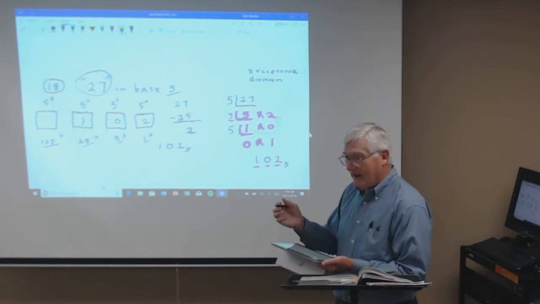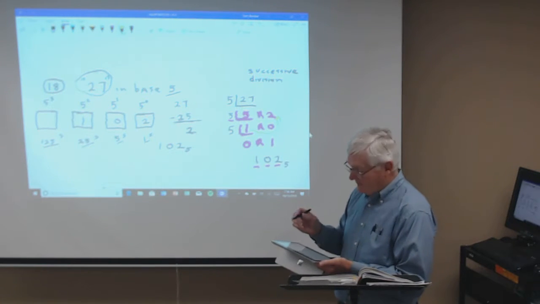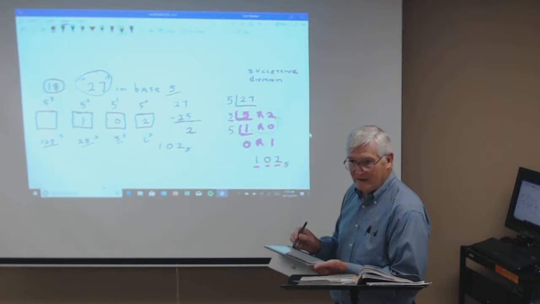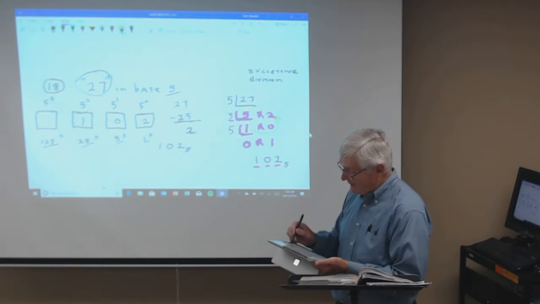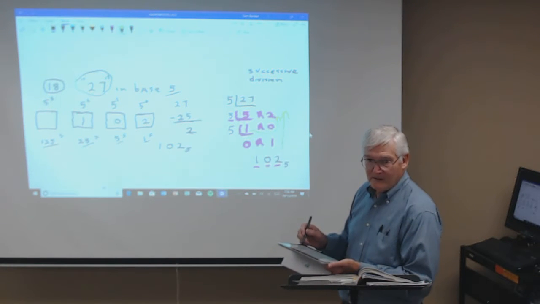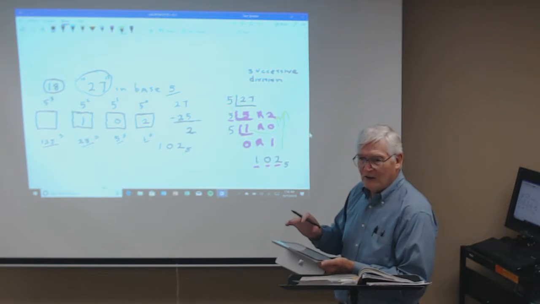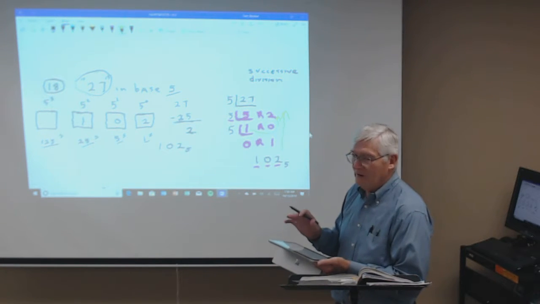But it seems to me like if you're trying to get this thing in your head as to a way to do it, it makes sense to keep dividing till you have 0 left. And then you just read right up the left-hand column to get the number. So my successive division picture will look a little different than the one in the book.